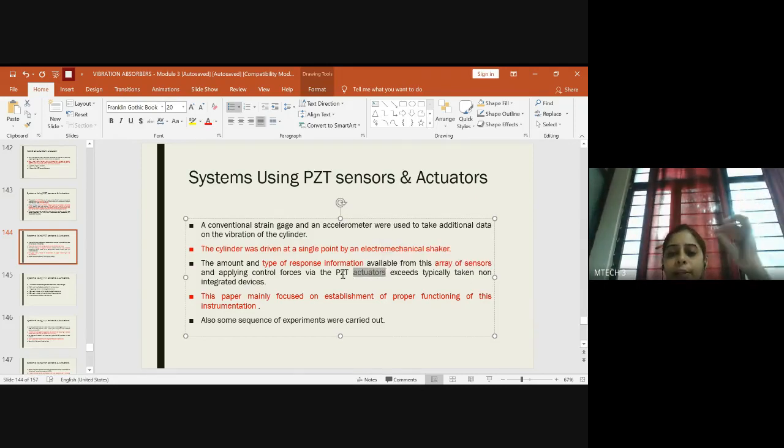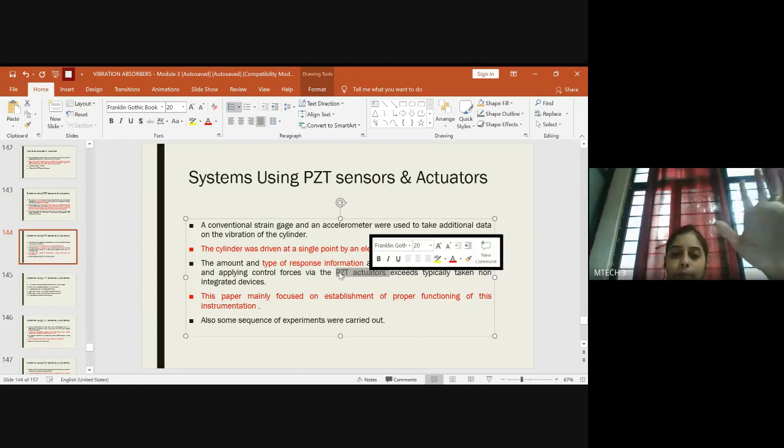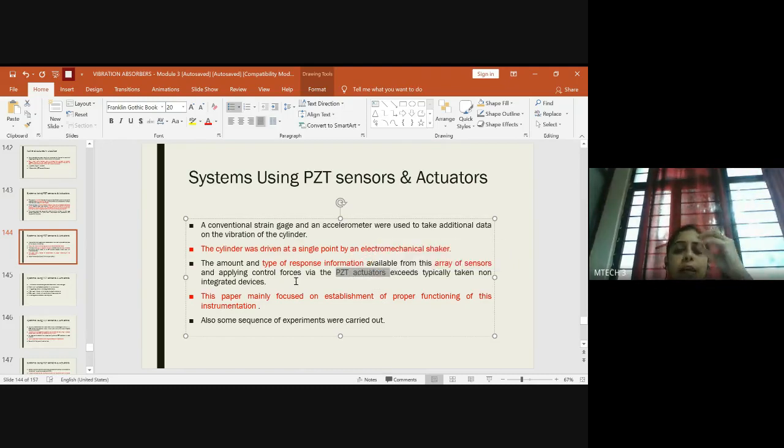Here he used a PZT based actuator, a lead zirconate titanate based actuator, directly telling, a lead based piezoelectric actuator, right? Based on the data sensed, the actuator will be made to work. To make these actuators work, you should have some control strategies which will provide the set of instructions by which the PZT actuator works.